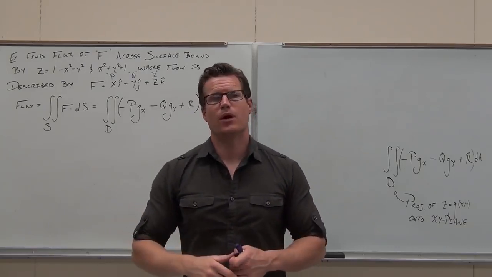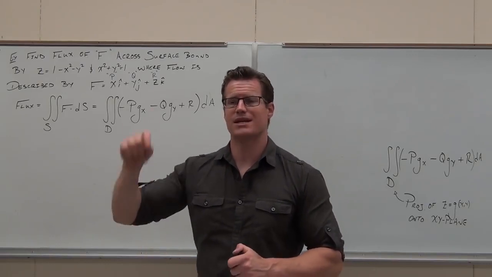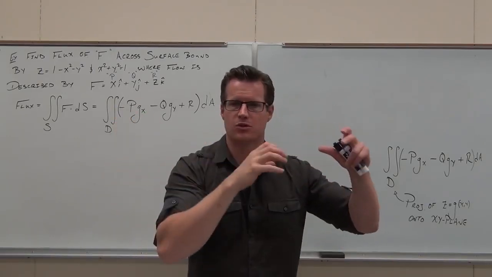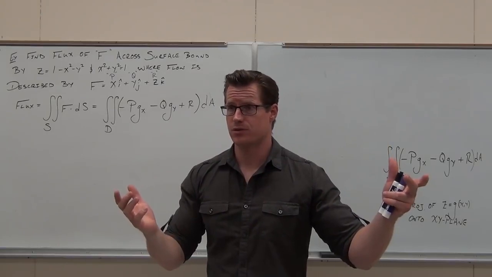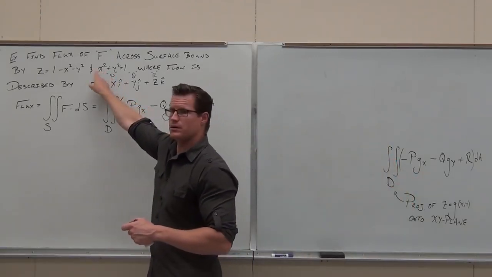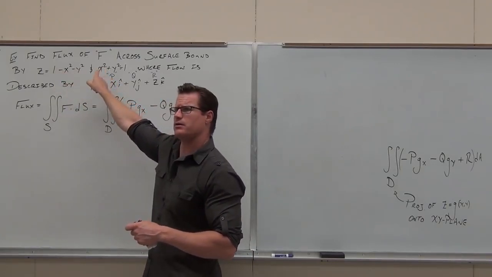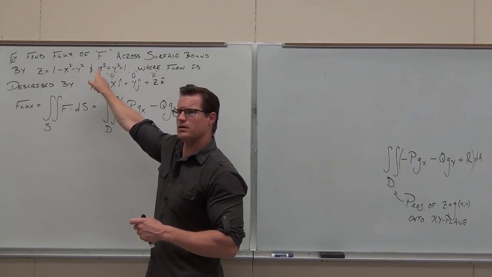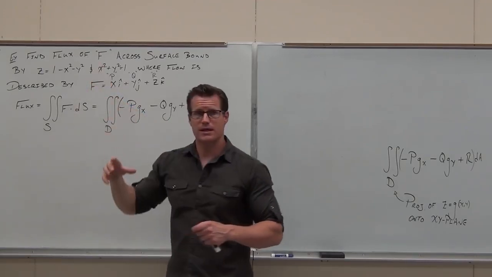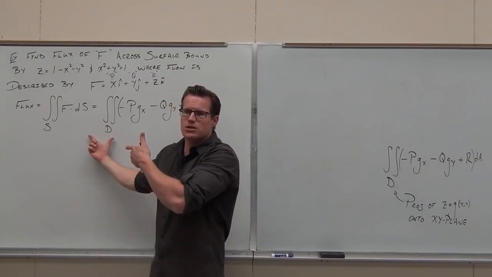Okay, next step. We also need a surface, and we need that surface to be defined for us as z equals something in terms of x and y. Do we have one of those? Okay, which one does this one? This one. Yes. Okay, what about that one? Does it matter for us so much? It's not going to matter right now, but it's going to matter for the region. I'm going to call it the region, that's what it is.